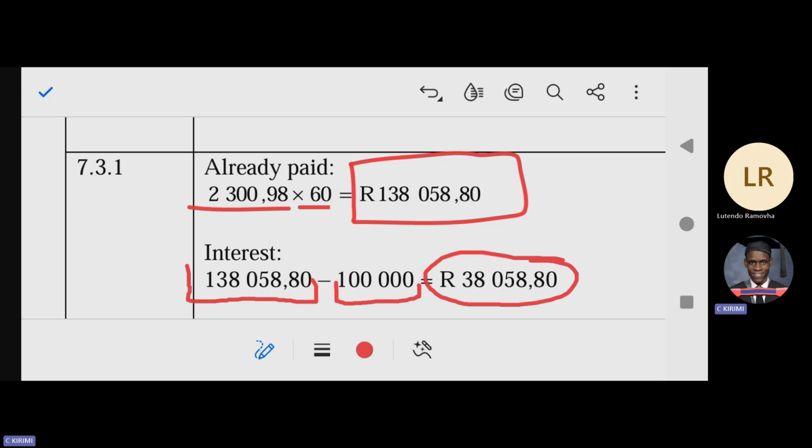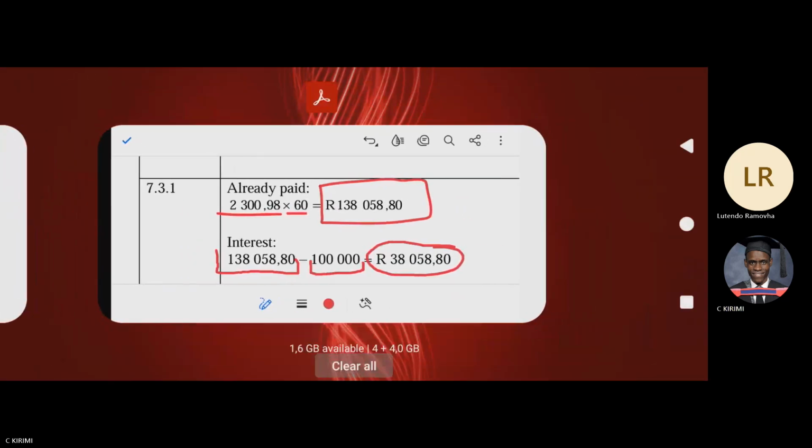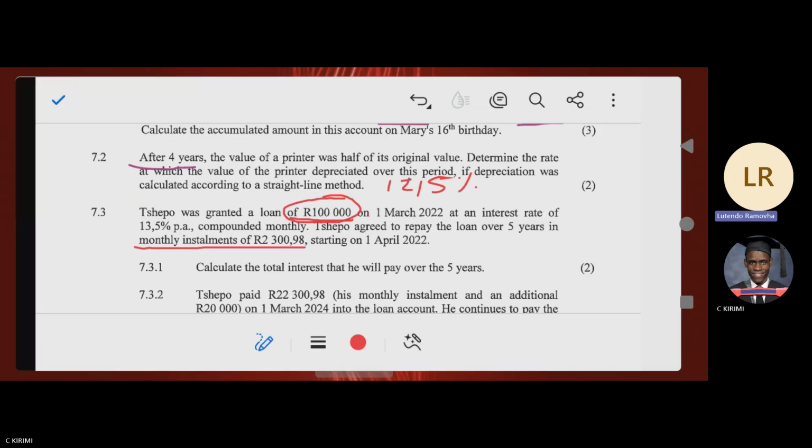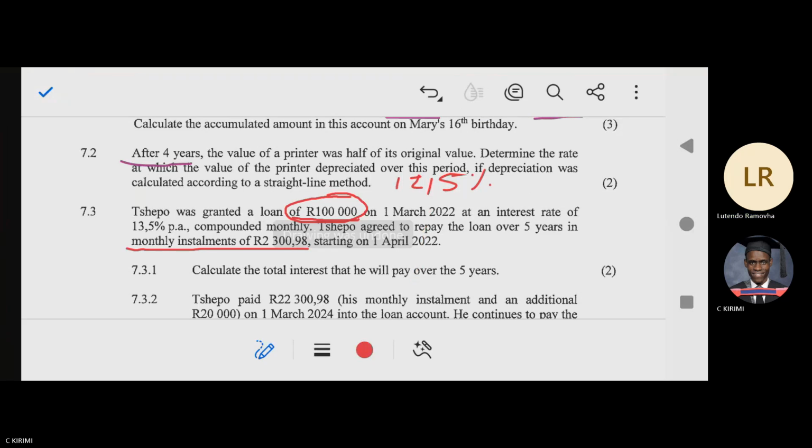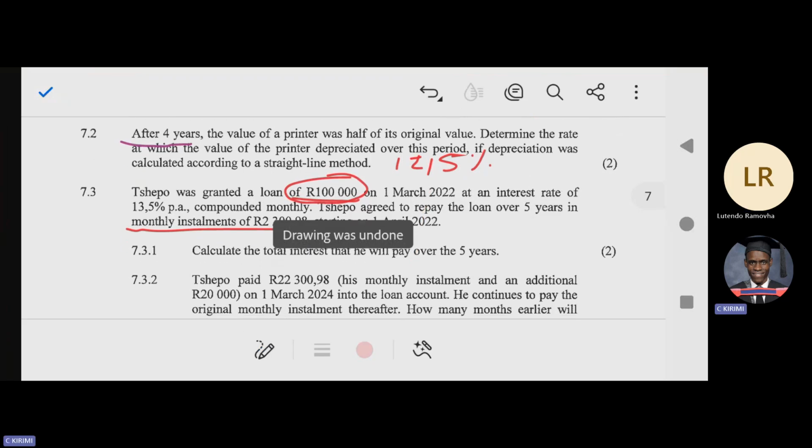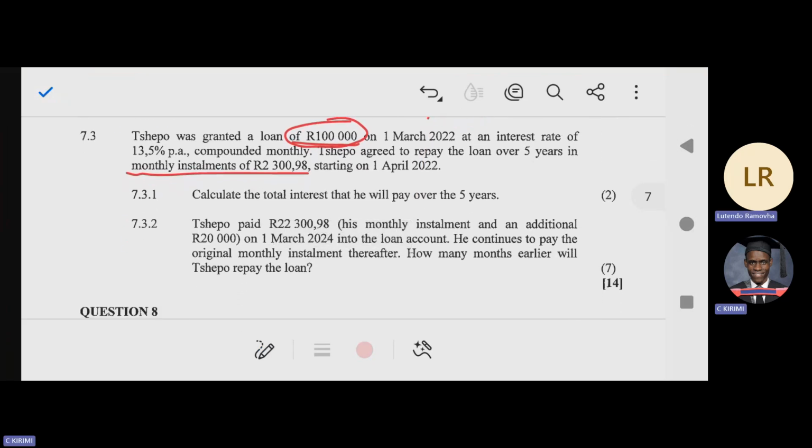So let's go to the next one, which is saying now 7.3.2.